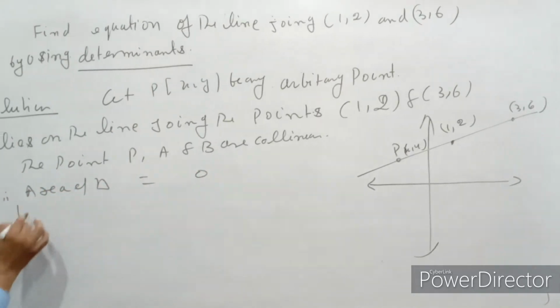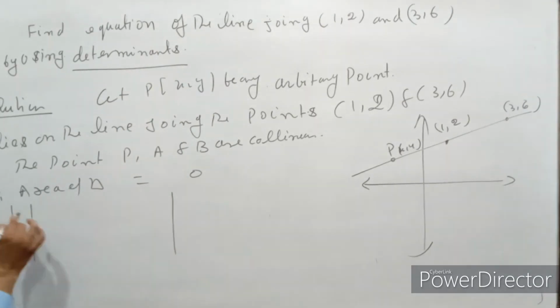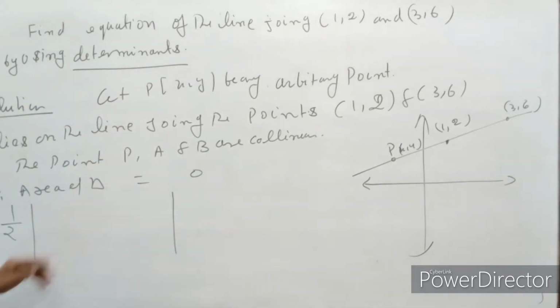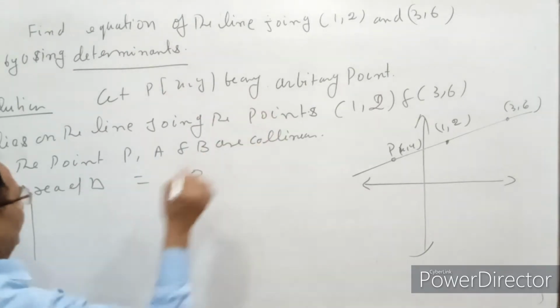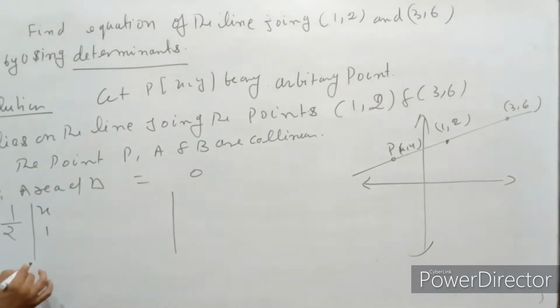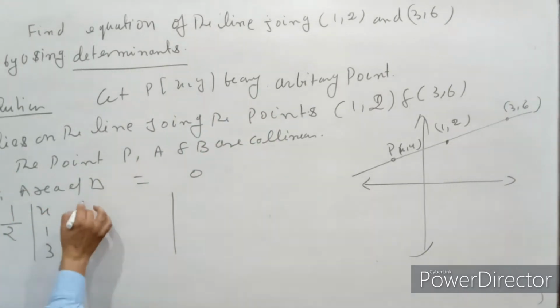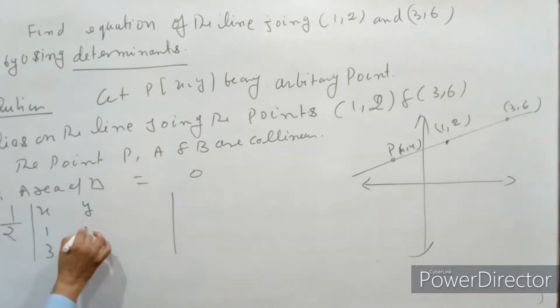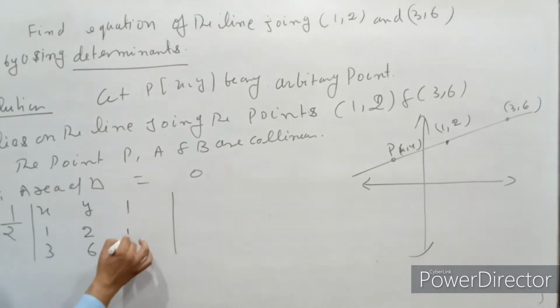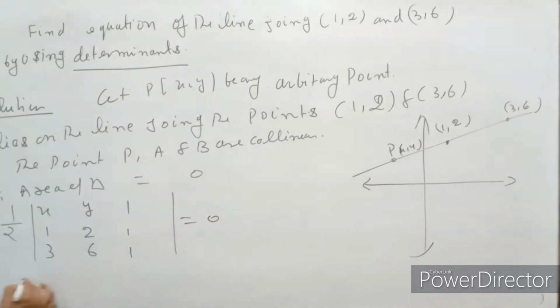What is the area of the triangle? We write the formula again: the determinant with rows x, y, 1 and 2, 3, 1 and 3, 6, 1 is equal to 0.